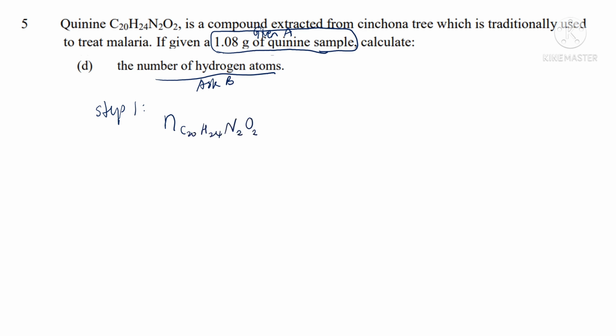To find the number of moles of quinine, we use the formula mass divided by molar mass of quinine, 324 gram per mole. And that should give us the number of moles of quinine as 3.333 times 10 to the power of -3 moles of quinine.